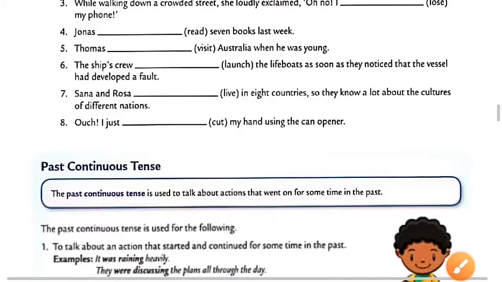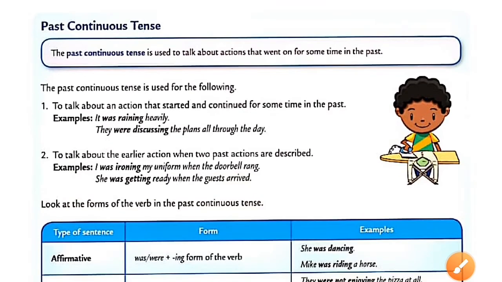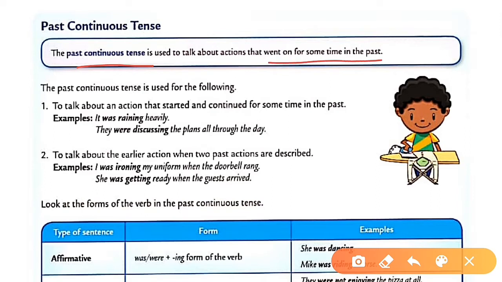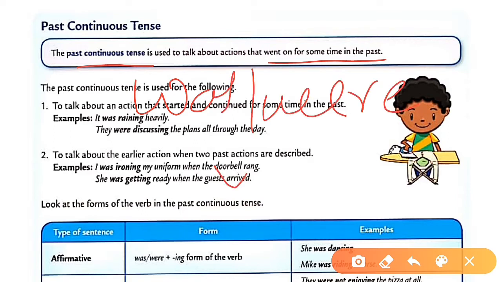Okay, this is complete. Past continuous tense, very simple. What is past continuous tense? It is used to talk about an action that went on for some time in the past continuously, and its form is was or were, always keep in mind, plus verb ing. Like, I was ironing my uniform when the doorbell rang.